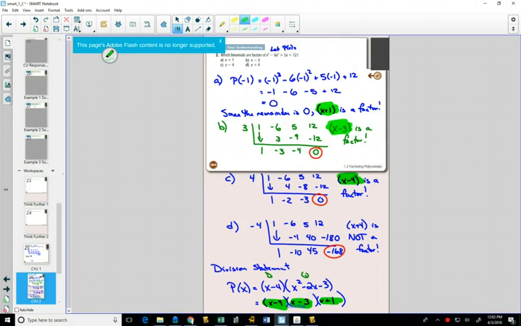So we just were trying the ones that were given to us, and we found 3 that worked. The question's going to be, how do we know which numbers to try? Because if you started with x plus 4, it didn't work. And if you just kept guessing randomly, there's only 3 that work, and there's an infinite amount of ones that don't work. How do we choose the right ones?